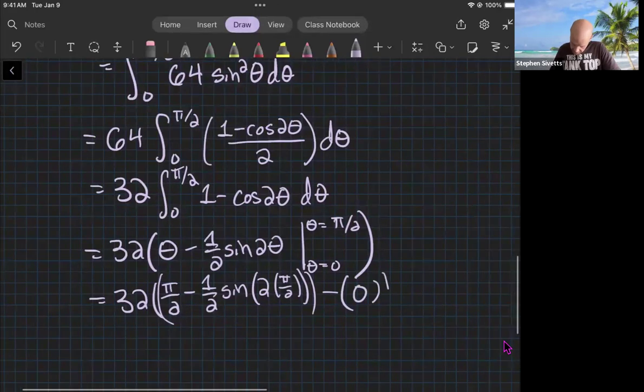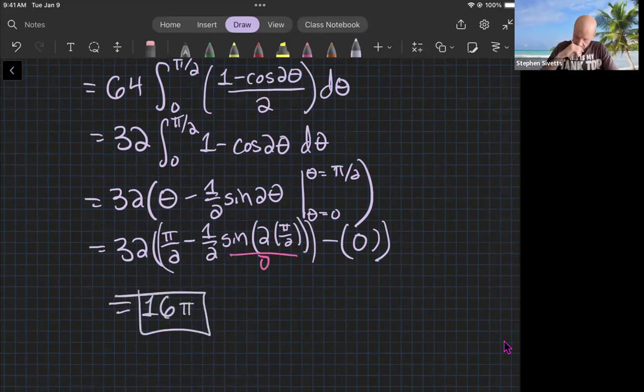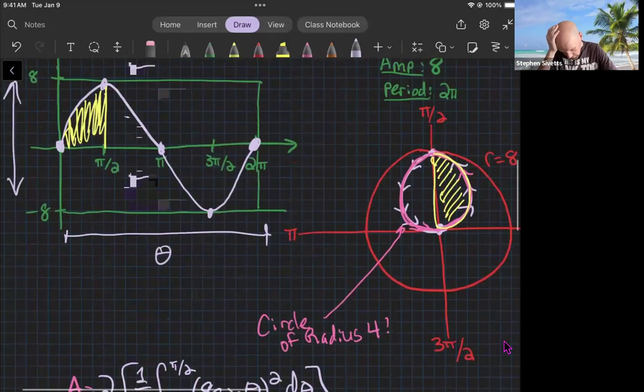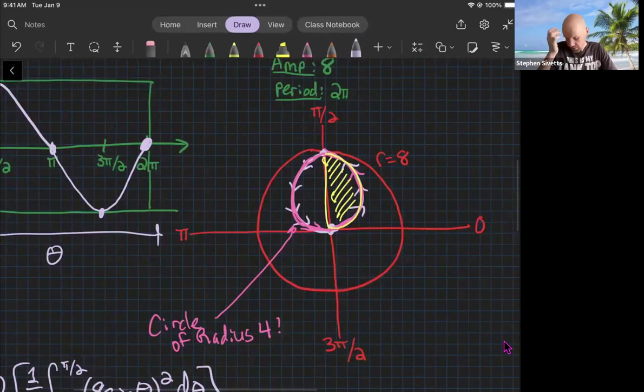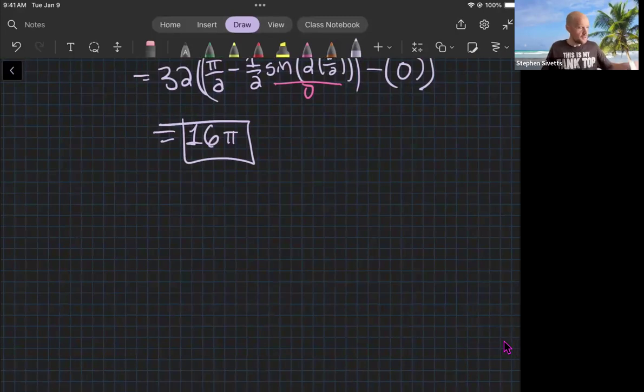So we'll have 0 here. Sine of 2 times pi over 2 is just 0. And so this equals 16 pi, which is essentially what we verified. So the radius is 4, so it's 16 pi, and then we have it. Okay, so hopefully that made sense.